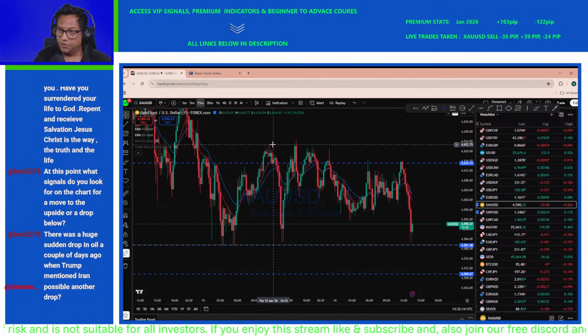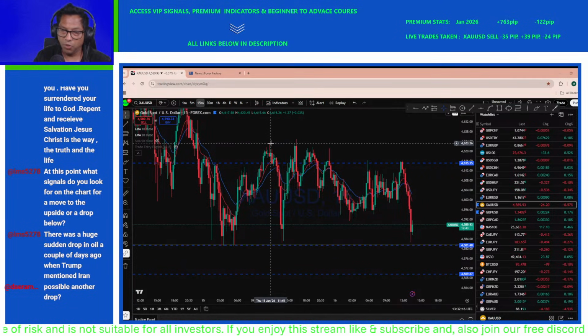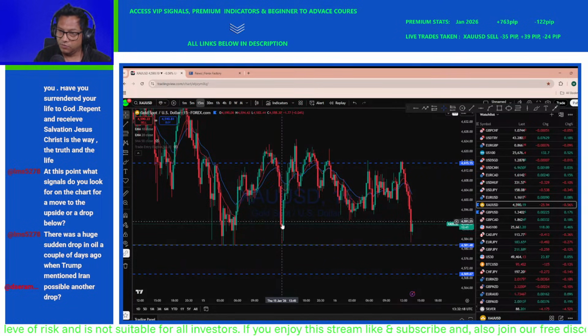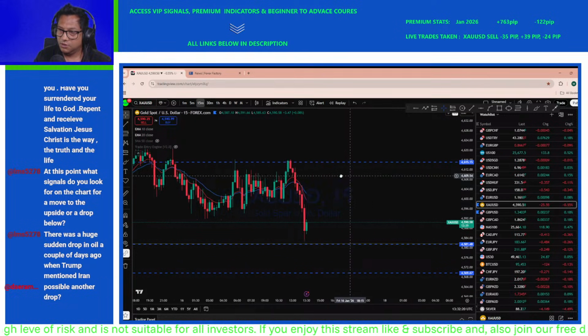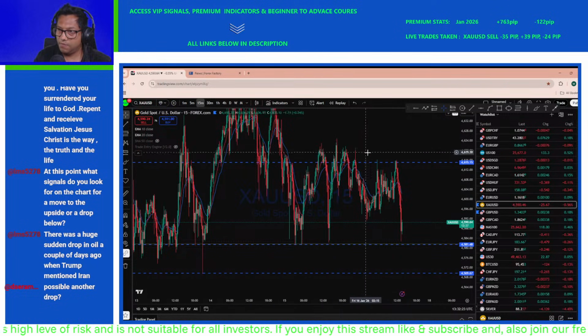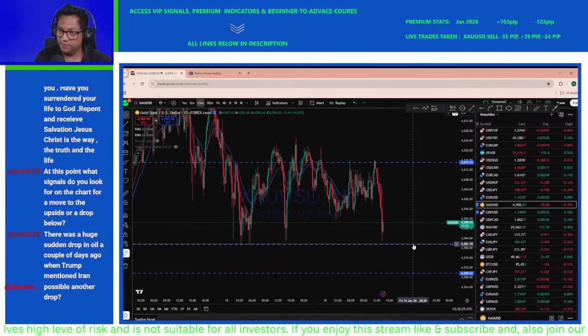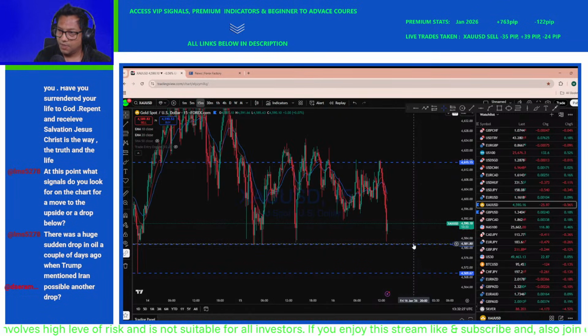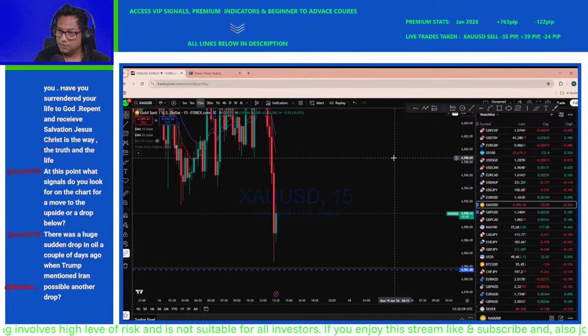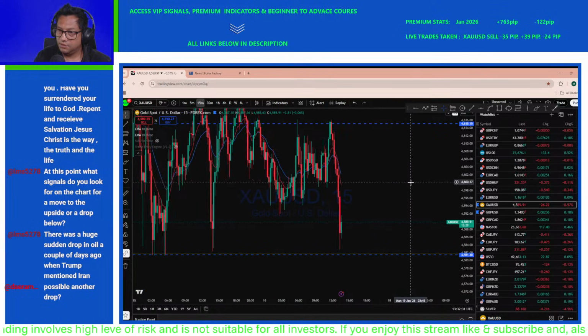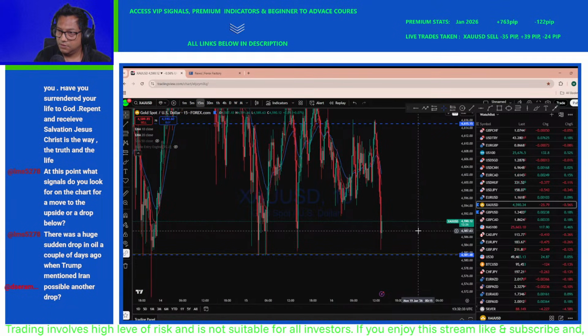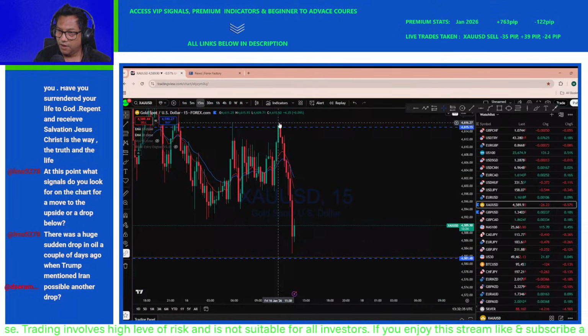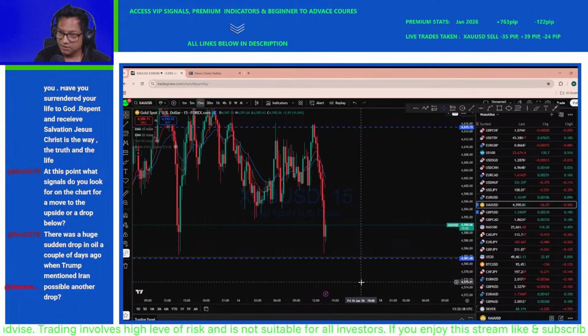If you look here, this is the biggest move from this level to this, and the same level you can see here. This is a massive single break below here.